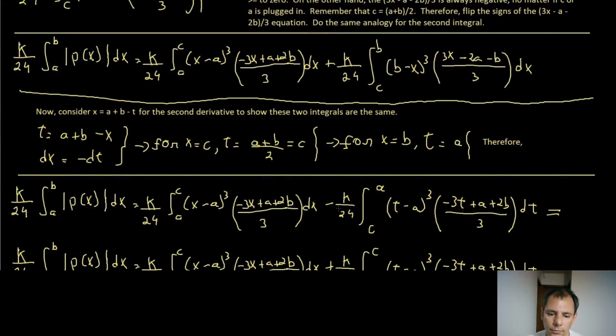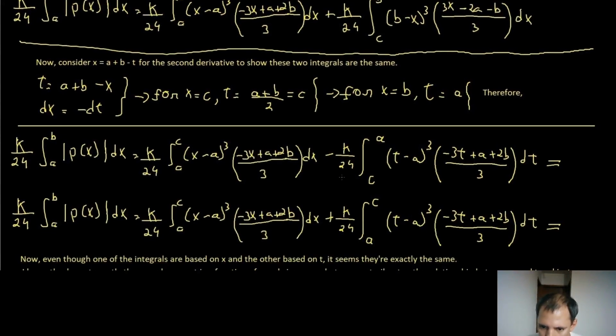And that's what we did over here. Okay? See, that's negative here, and now it's positive here. And the limits of integration are switched. Here's from c to a, and here's from a to c. Okay, everything else is the same.